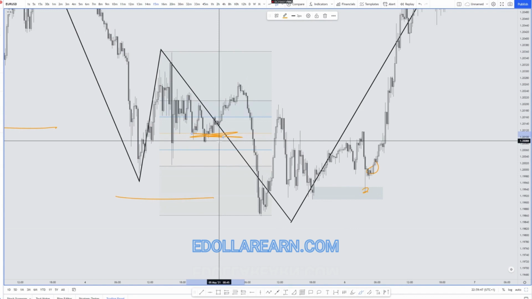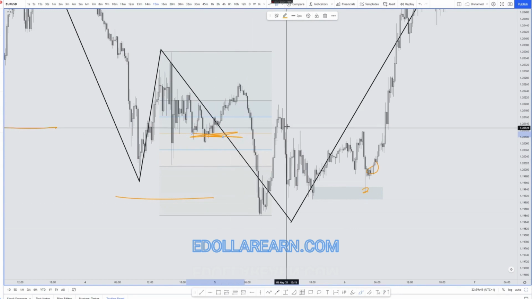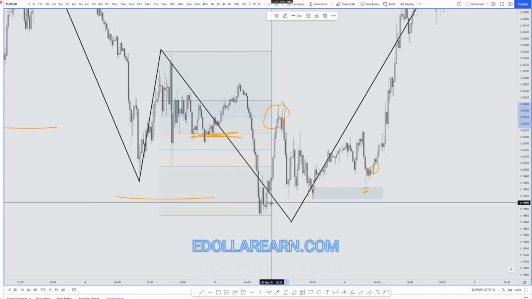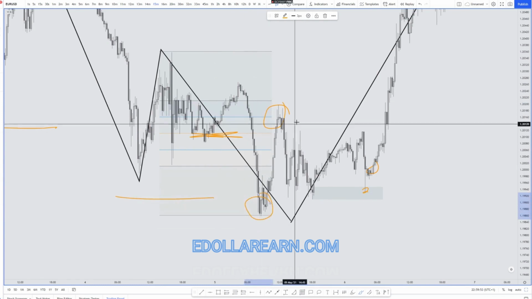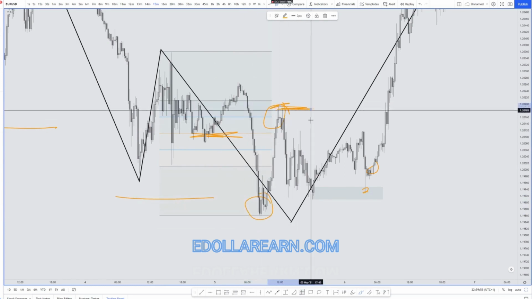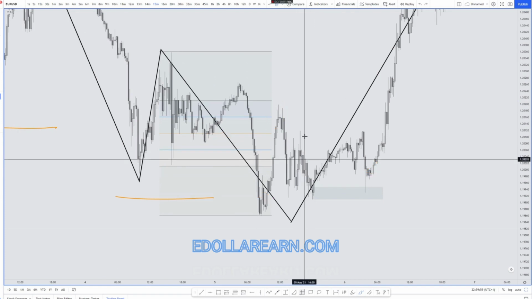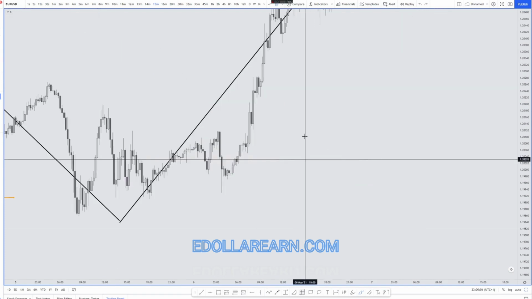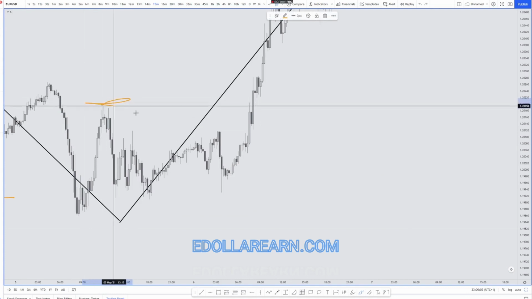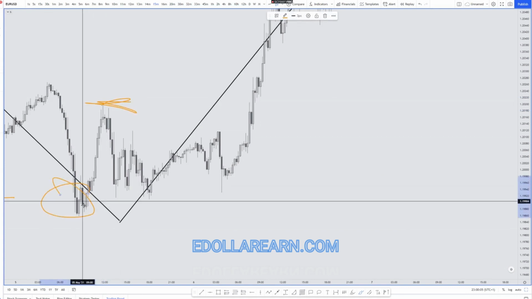Relative equilibrium. You could even go as far as saying this high failed to take this low, so this high is weak. And we'll get into that in one of the next sections, but the idea is you start building a narrative, and the narrative is this high failed to do its job and take this low.